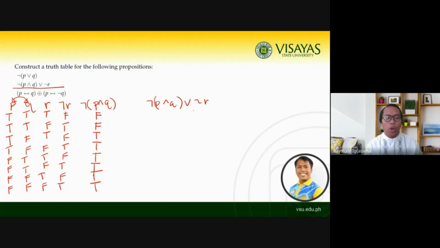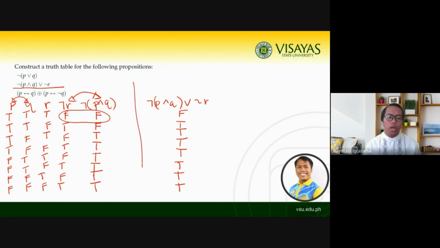Okay? So this one, we pair this with not R. Then or means disjunction. It is false only if both are false. So false, false is false. The others are true, true, true, true, true, true, true. So only one is false. That is the only combination. The rest are true.